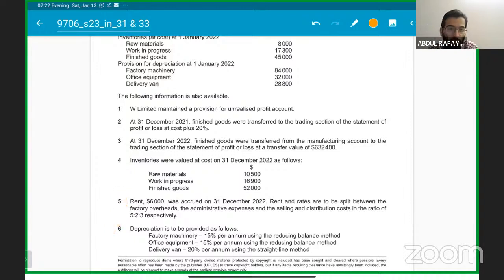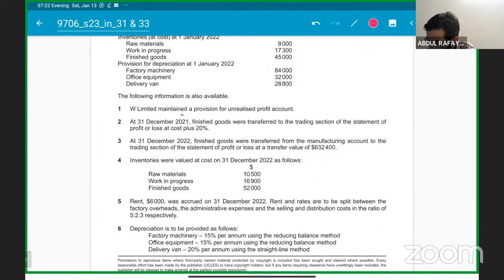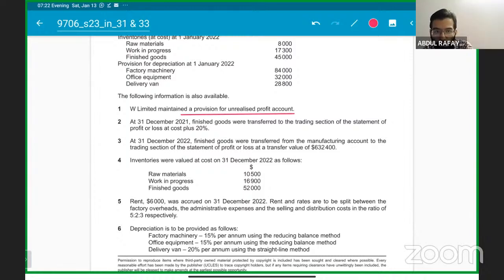So we have to find out depreciation. We need to understand the concept of provision for unrealized profit. Then we have finished goods transferred to the trading section, and some adjustments are there. Closing inventories are given. Some expenses were accrued, so we have to work them out as well.